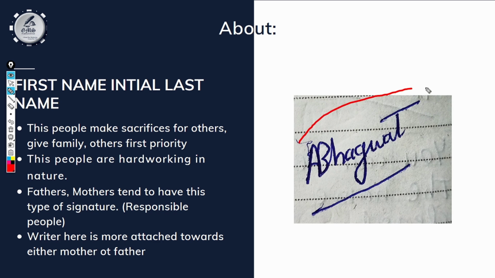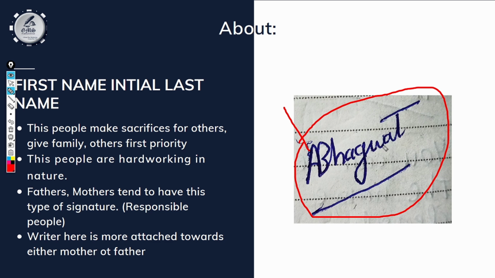So these are the people who sacrifice for others. Why? Because they have written only their first name initial and then the whole family name. And family means friends too, right? Friends are also our family, and your college or office people are also a part of your family.